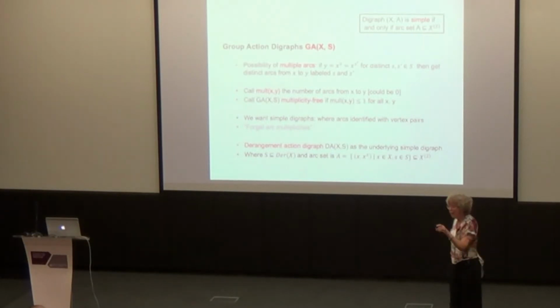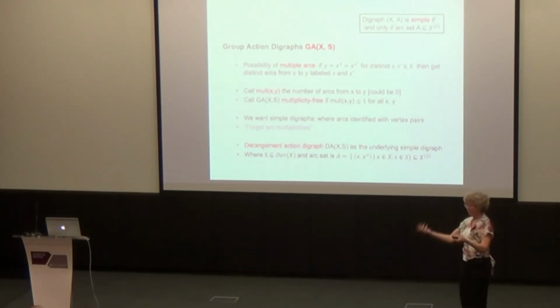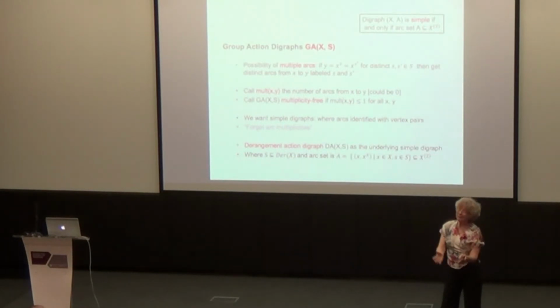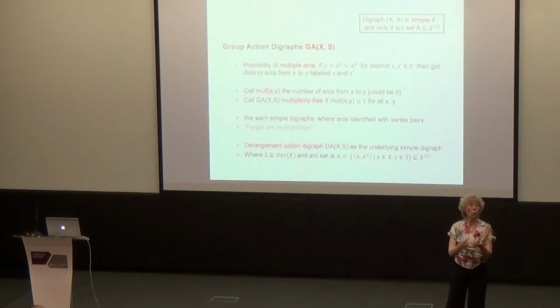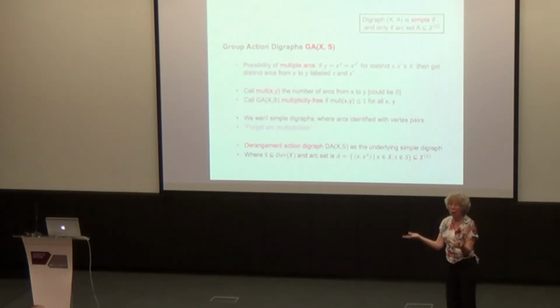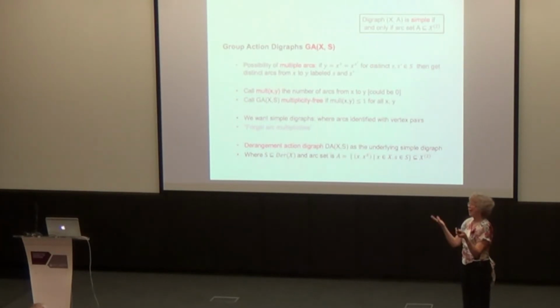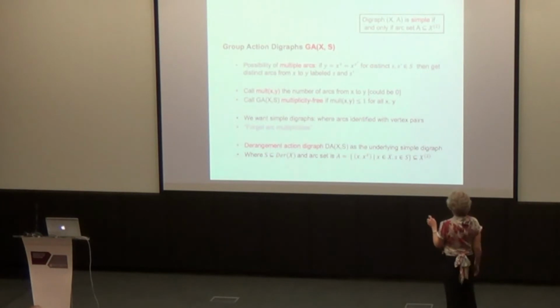So you could maybe talk about the multiplicity of xy as being the number of arcs from X to Y. Maybe it's 0, maybe it's 1, maybe it's something else. You might decide to restrict further and ask that all of these multiplicities should be at most 1, and then you would get the multiplicity-free group action digraph. But that really seemed too small a class. So instead of that, we decided to ignore arc multiplicities.